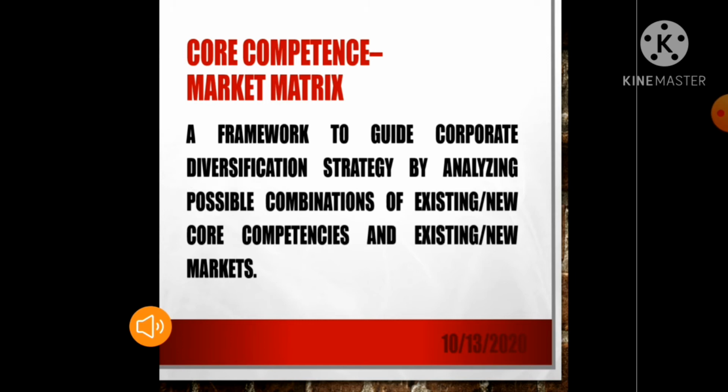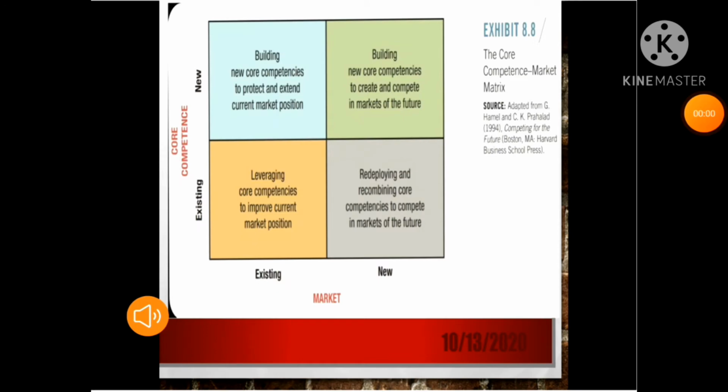The first task for managers is to identify their existing core competencies and understand the firm's current market situation. When applying an existing or new dimension to core competencies and markets, four quadrants emerge, each with distinct strategic implications.